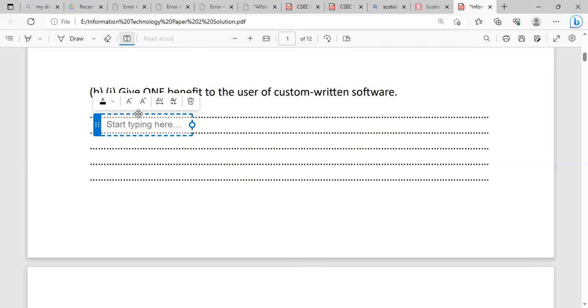All right, so what would be one of the advantages? Because it has specific needs for the user. Yeah, so that's one advantage. It's much easier to use.